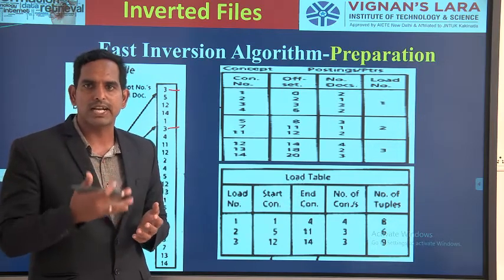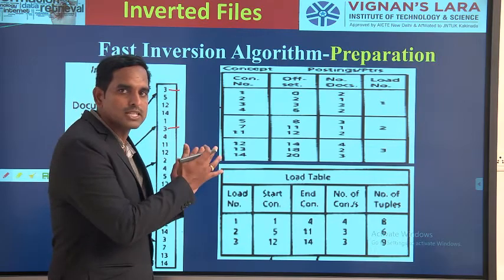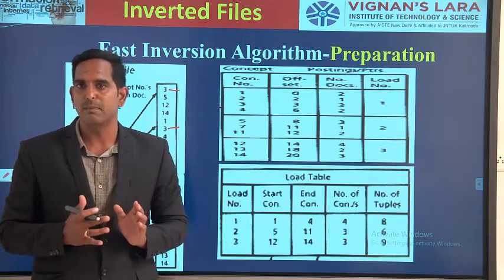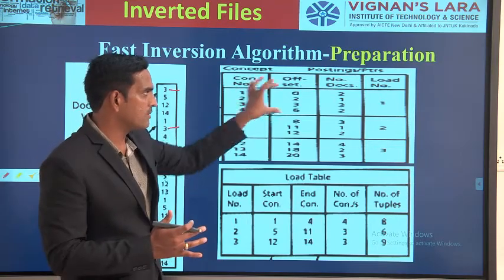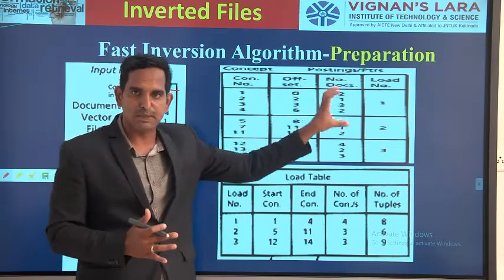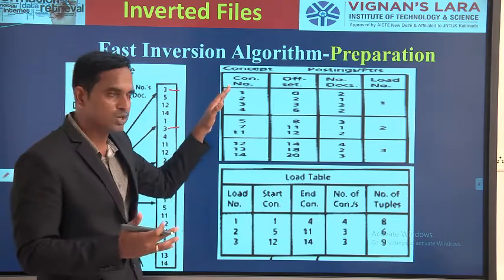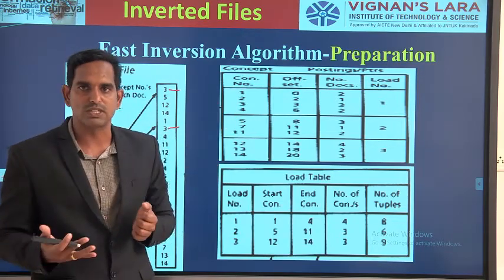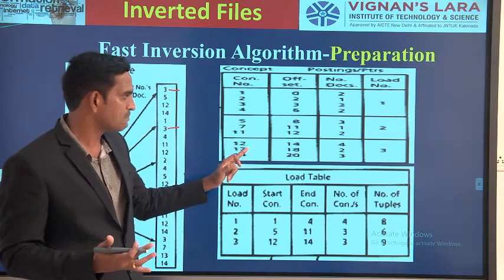If you create a load, you should be able to fit that particular load into the primary memory. According to the size of the primary memory, we decide the number of loads, and according to that, we have created 3 loads.